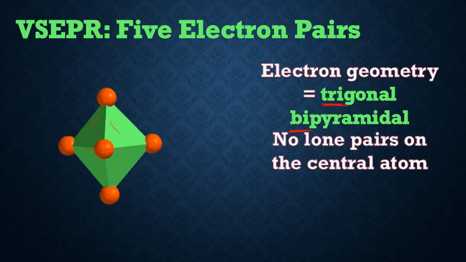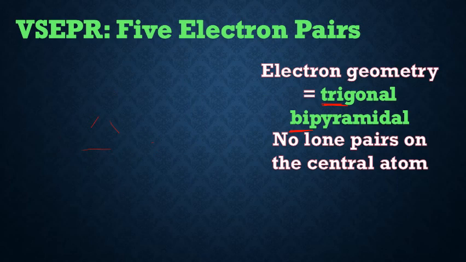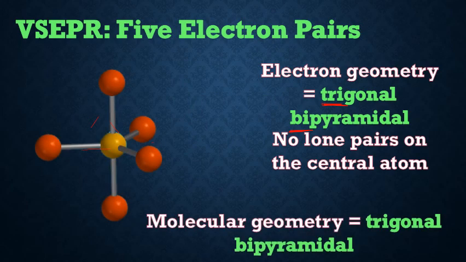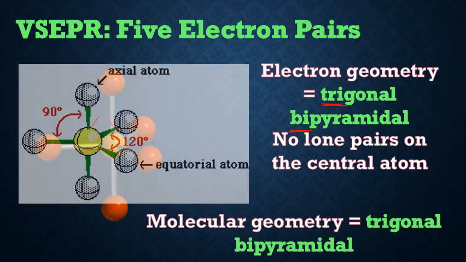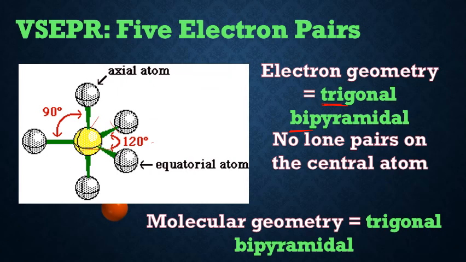If there are no lone pairs on the central atom, then the molecular geometry is also trigonal bipyramidal. The bond angles on this are 90, see how that's 90 degrees? These are all 120 degrees. The atoms that form a straight line, these right here, will never be where the lone pairs end up.